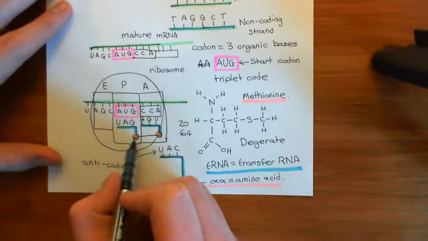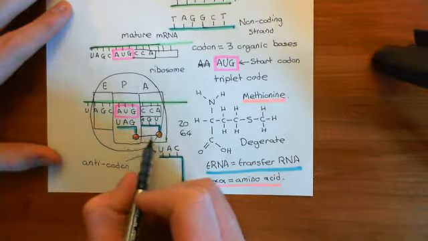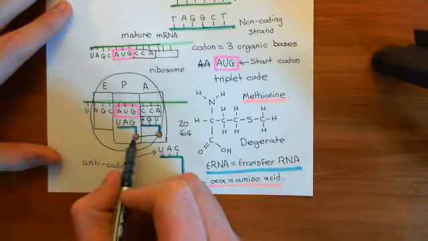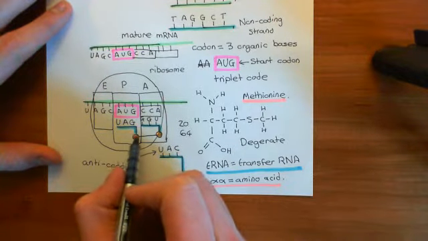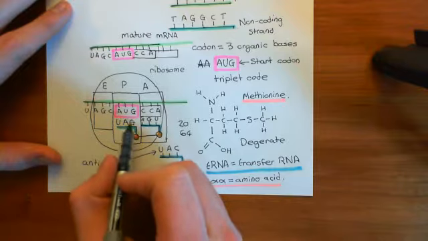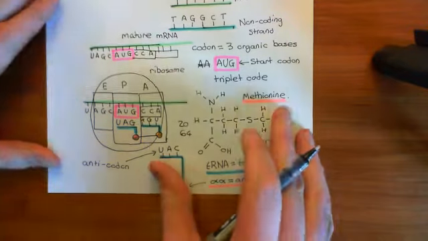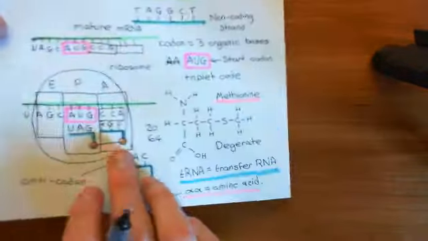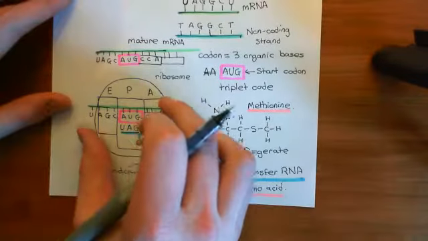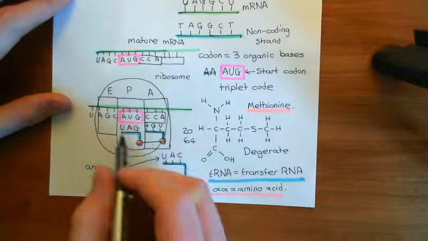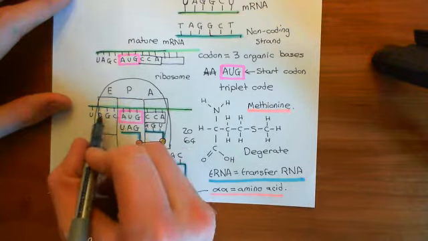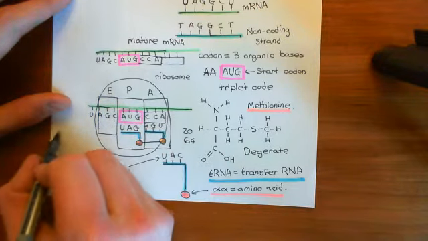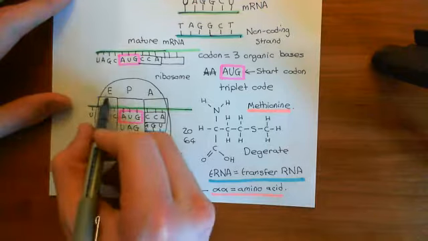What will then happen is the ribosome will catalyze the attachment of this amino acid onto this amino acid here, and then this amino acid will lose its attachment to the tRNA here. Okay, so to update this picture, what will then happen is the ribosome will move along by 1. This tRNA will now go into the E site. This codon will go with it into the E site. The tRNA will then leave from the E site. That's why it's called the E site.